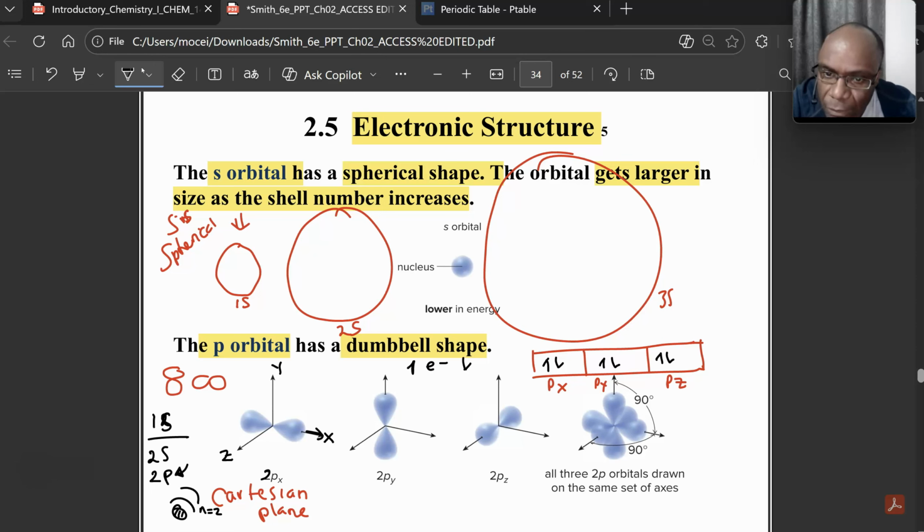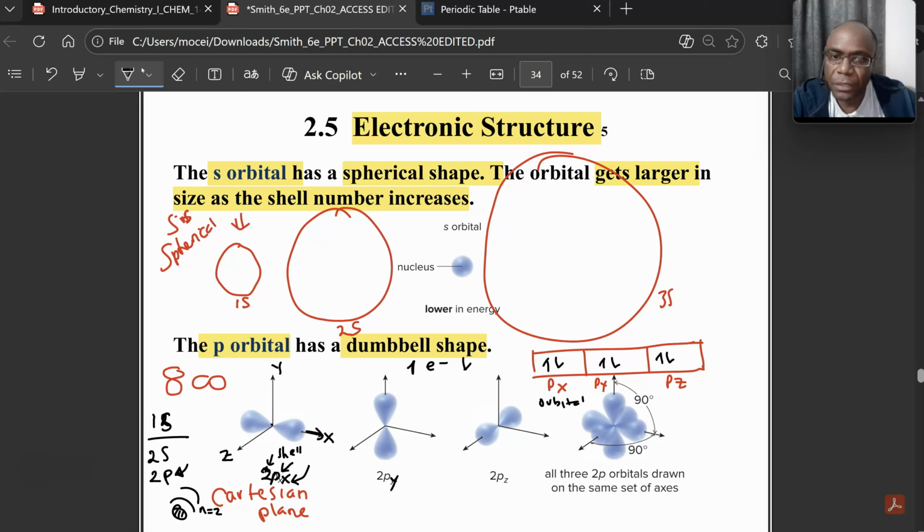So we are showing you a 2px, where 2 is the shell, and then the p is a subshell, and now we are saying the orbital is px, where the dumbbell shape or the 8 shape is on the x-axis.